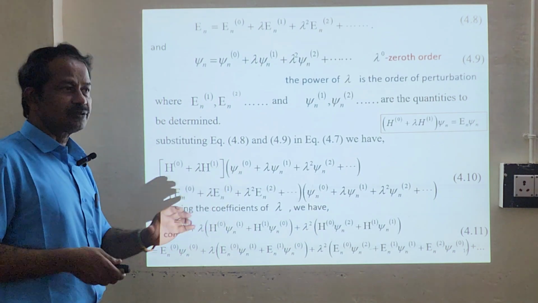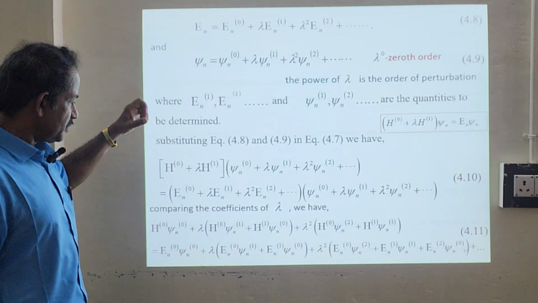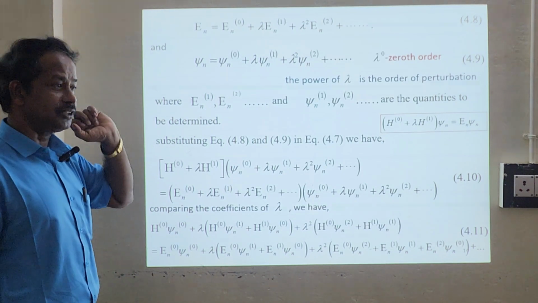Now we are going to compare the coefficients. First we compare with lambda to the power 0.